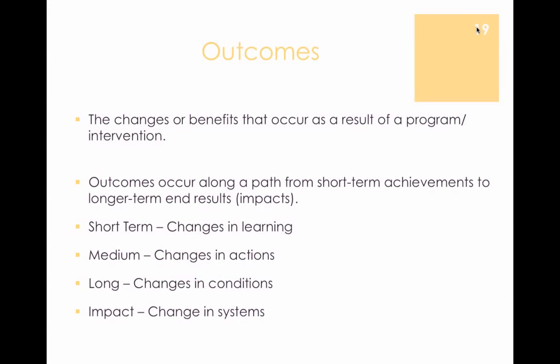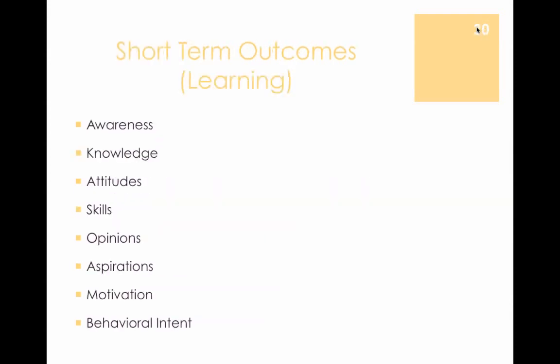But if the purpose of your program was to raise the grade level or the reading level of 100 children, they could love you, they could love your project, they could love your staff. But if they can't read at a higher level, then the program was not a success, even though they may have been very satisfied with your staff or your program. So please don't confuse satisfaction with an outcome unless the whole point of your program was to make people happy. Satisfaction is an output and should be listed as such.